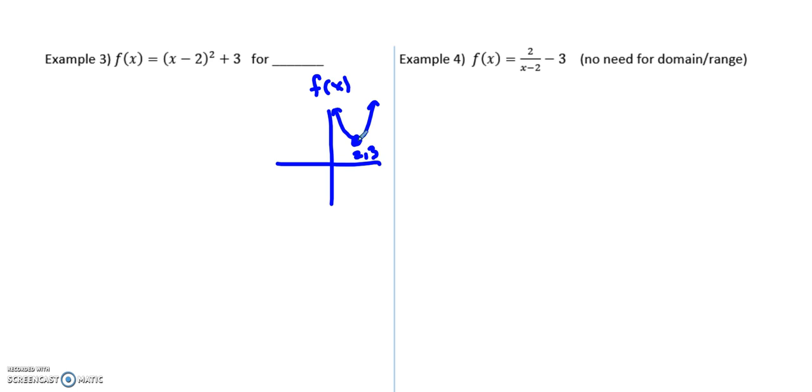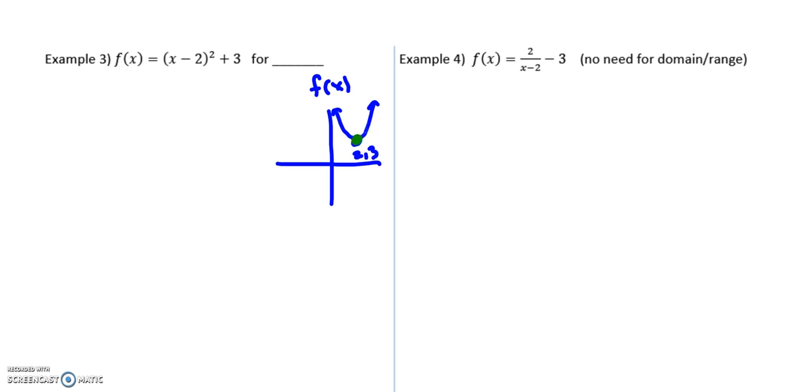Now the problem I run into is if I want to find the inverse of this function, I look at the vertical line test, I grab that, I pass it up. This quadratic, as stated, does not have an inverse that's a function. So we need to chop off part of the function, and that's the part we're going to use to find the inverse.